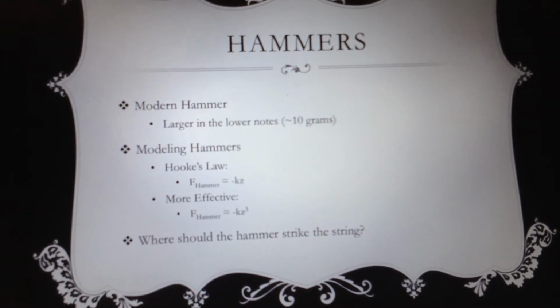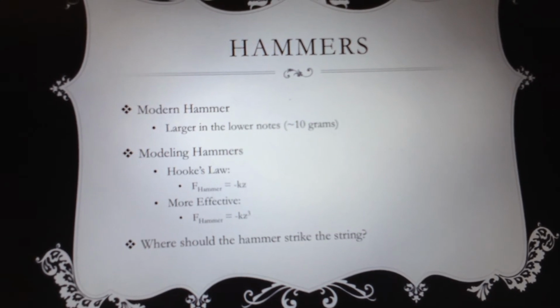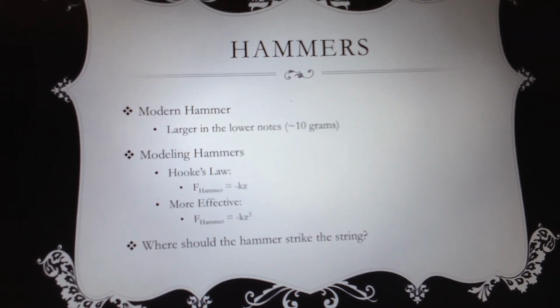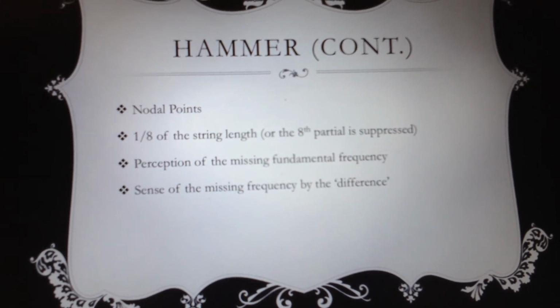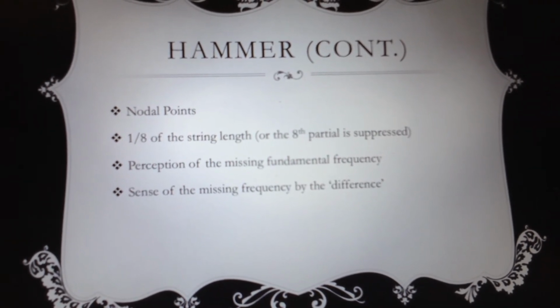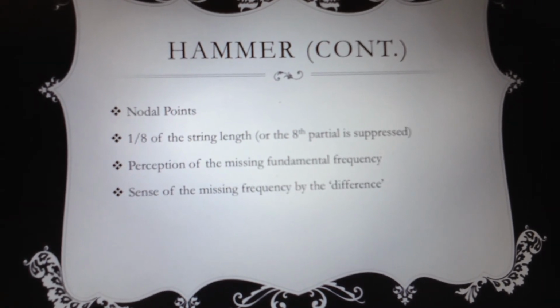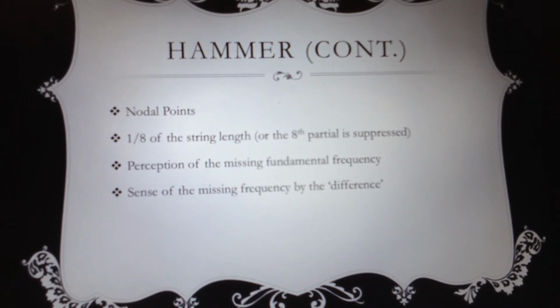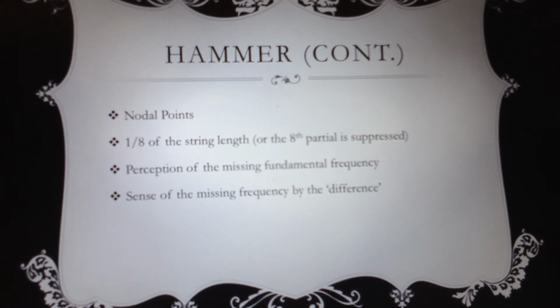Another thing that had to be considered was where the hammer should strike the string to make what we consider the note. The hammer-string interaction is quite complex, and it was found that the hammer should strike the string at a nodal point roughly 1/8 of the length from the end.